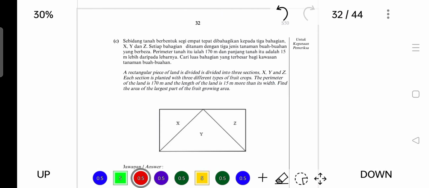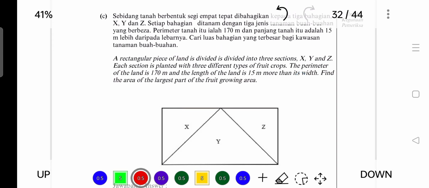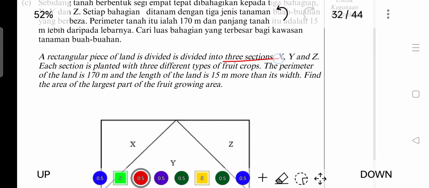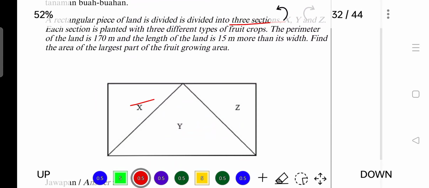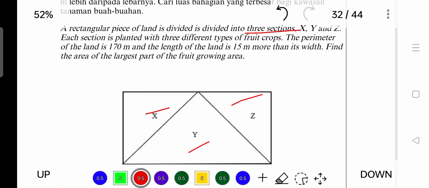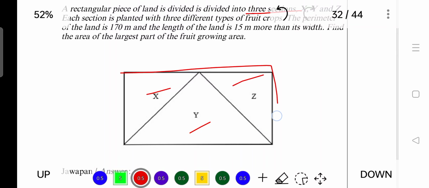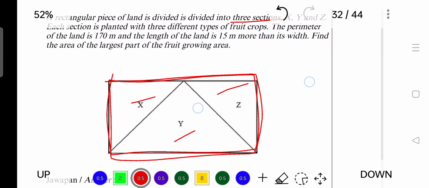Next, question C. A rectangular piece of land is divided into three sections, X, Y, and Z. Each section is planted with a different type of fruit crop. The perimeter of the land, perimeter means only outside. P for perimeter, P for pagar, the fence. Where do you put your fence? Only outside. It is 170.